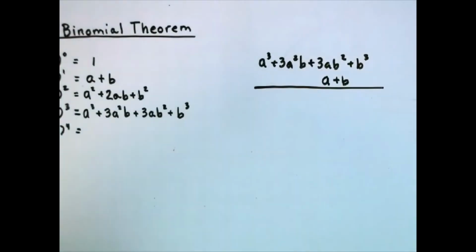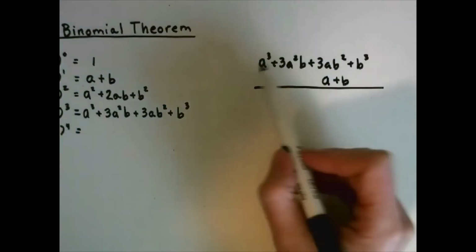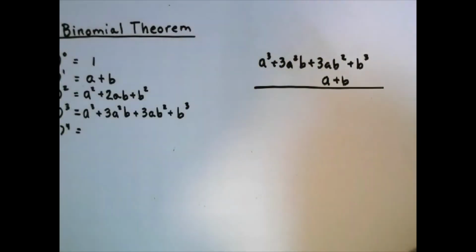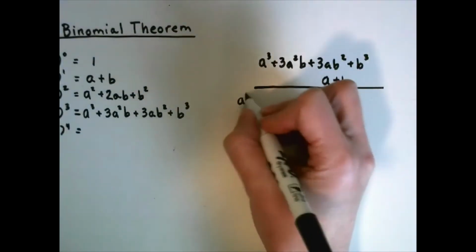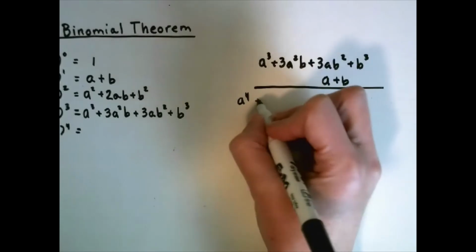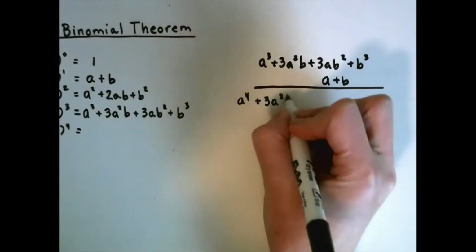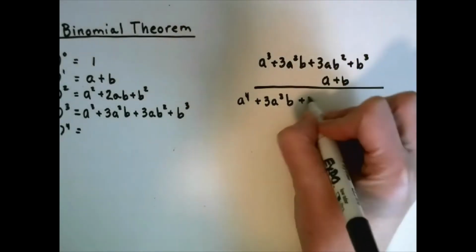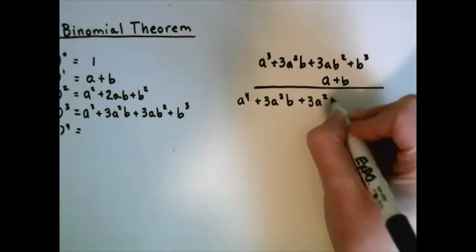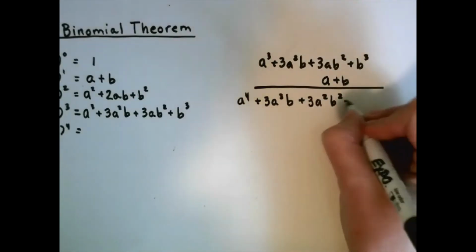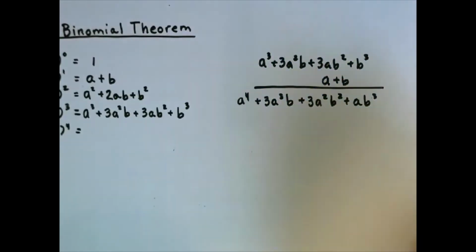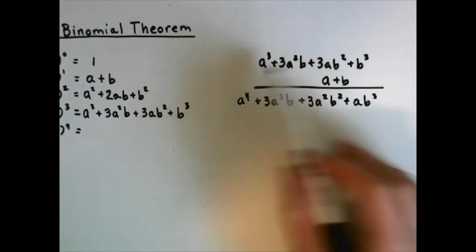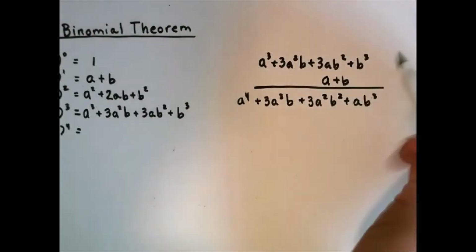I'm going to organize it a little bit more. I'm going to multiply all of these by a. So we're going to have a to the 4th plus 3a cubed b plus 3a squared b squared plus ab cubed. Then I'm going to multiply them all by b, and line them up by their like terms here.